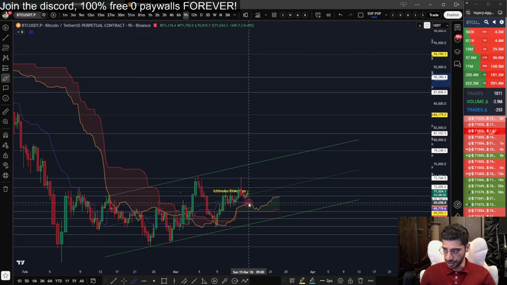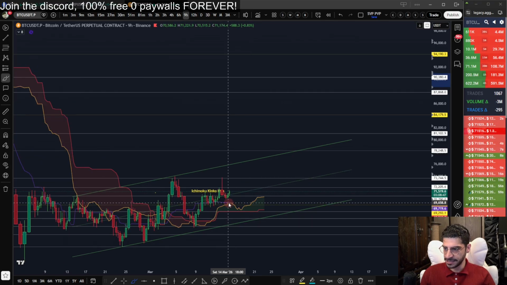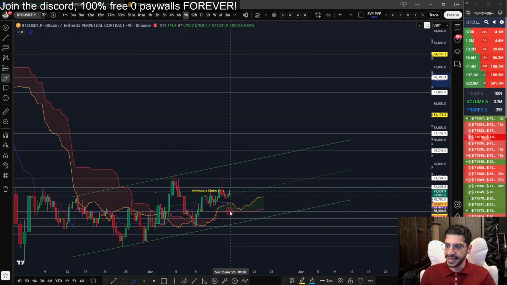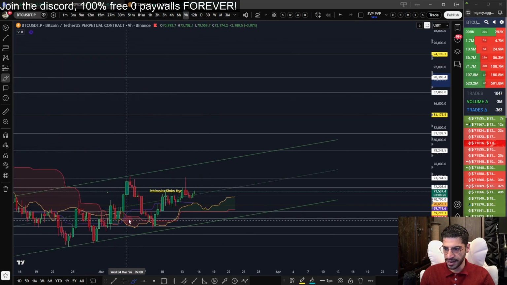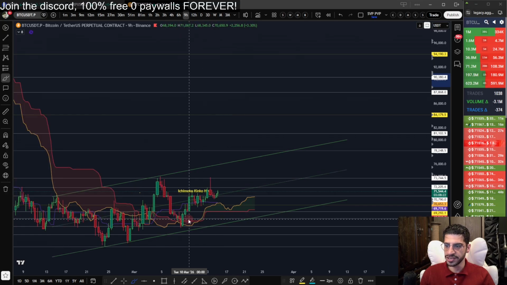Now, if we go down and blast below 69.8, there's a good chance that we have to go retest the bottom of that leading span B, and that is 68.2. 68.2 needs to stay as support because, with price below Ichi, this was resistance. Now that price is above it, the Ichi is acting as that rolling band of support. So there is a good shot for us to bottom out if we can keep that 68.2 zone.